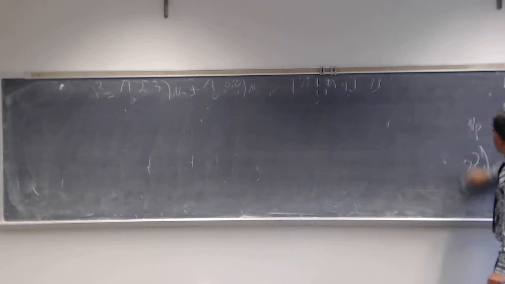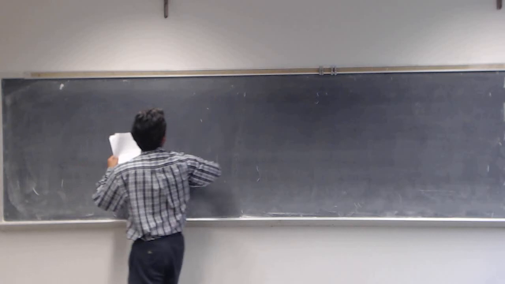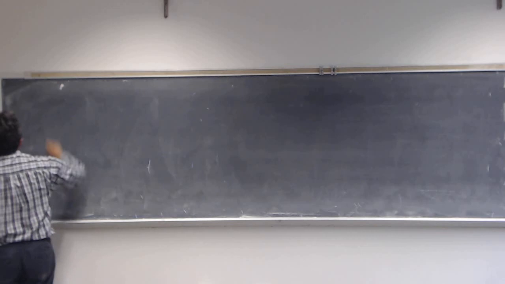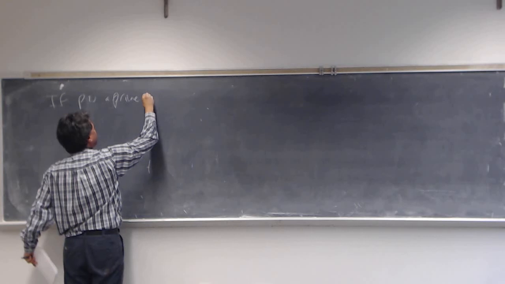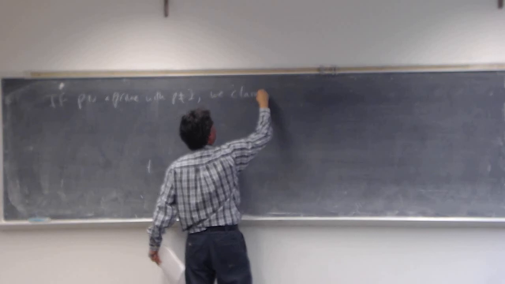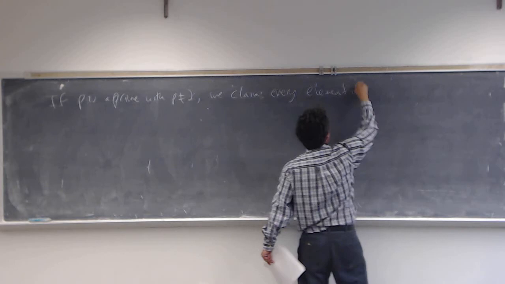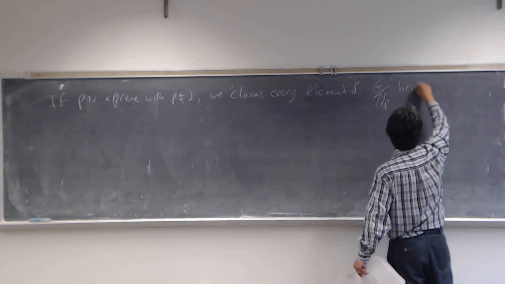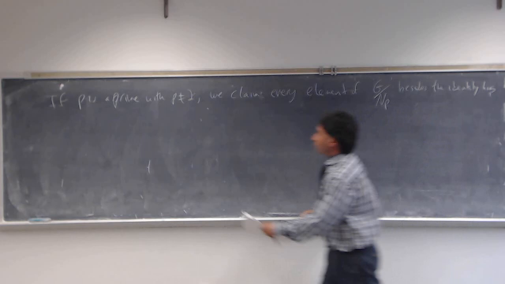So if p is a prime not equal to 2, we claim every element of the Heisenberg group mod that N_p, of course, besides the identity, has order equal to p.